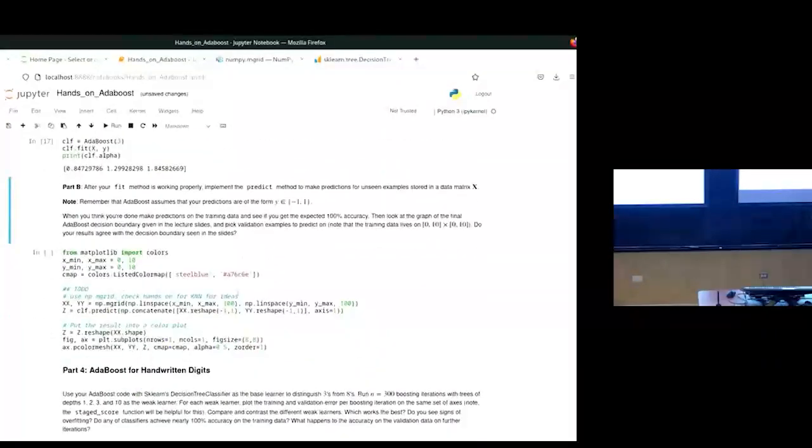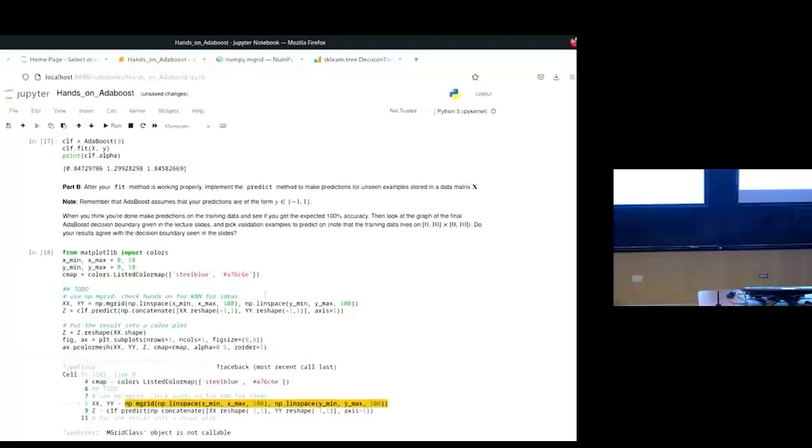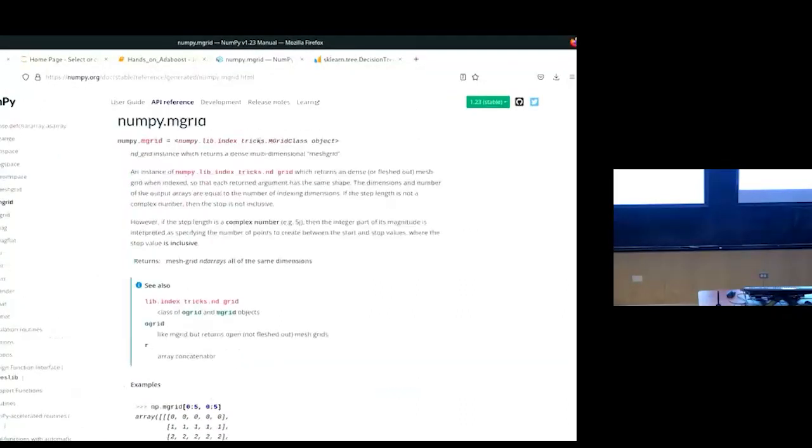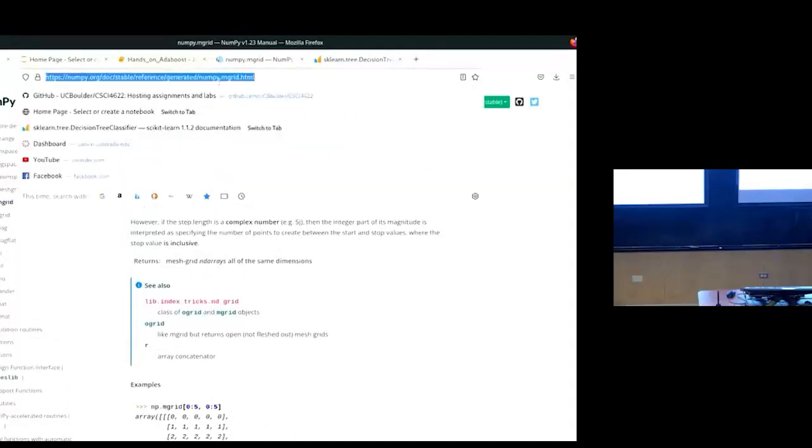Perfect. Okay, I don't remember this exactly, so let's just hope I get it correct. I have no idea, but let me just check. I think NumPy meshgrid.